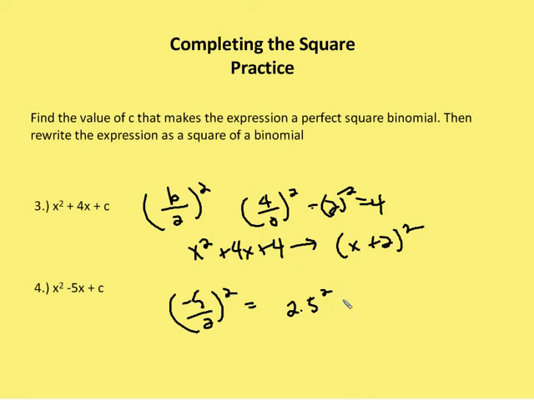I take a look at my calculator and I figure out that 2.5 squared is equal to 6.25. So now my perfect square trinomial is x squared minus 5x plus 6.25. Or I can rewrite my squared binomial as x minus 2.5 squared.